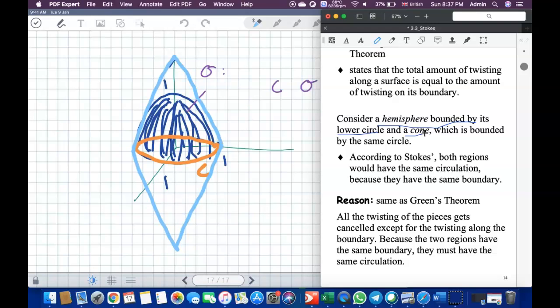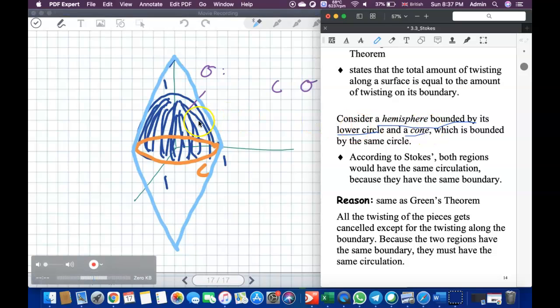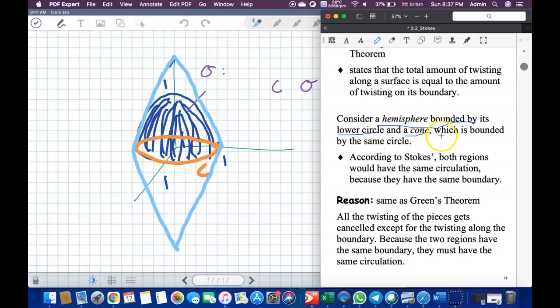Between the hemisphere and the cone, concave down or concave up, they share the same closed curve, which is the circle. That is the meaning of the statement: bounded by the same circle.